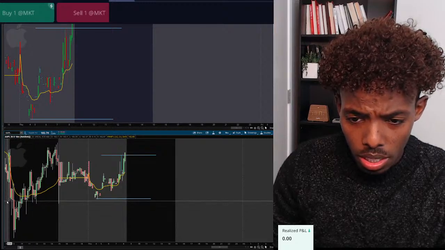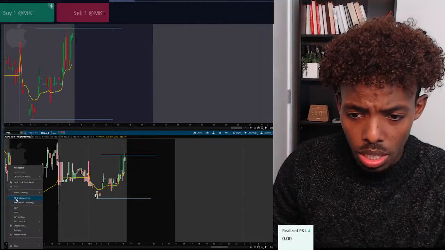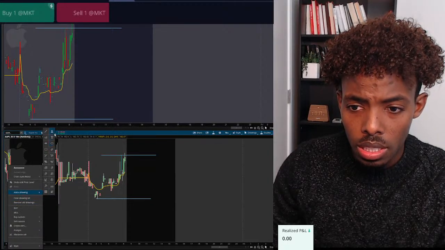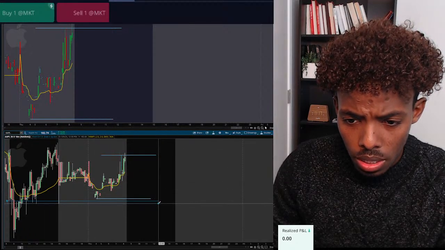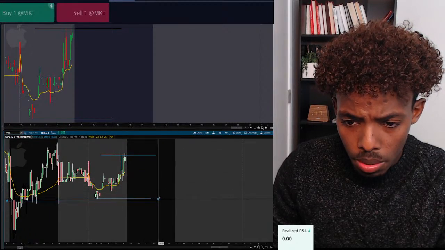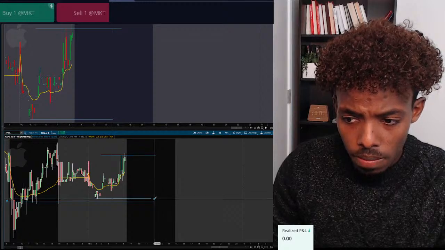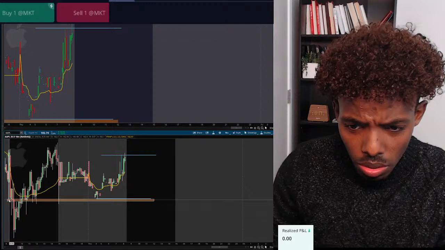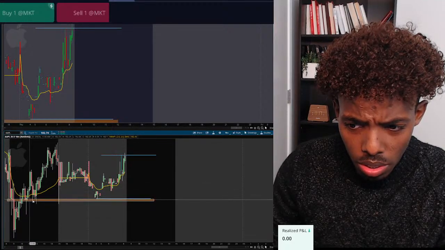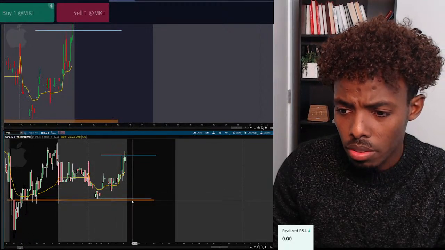Let's do that real quick. Just about right here or so. Look at this nice, beautiful wick. So we'll trade this for the long side.